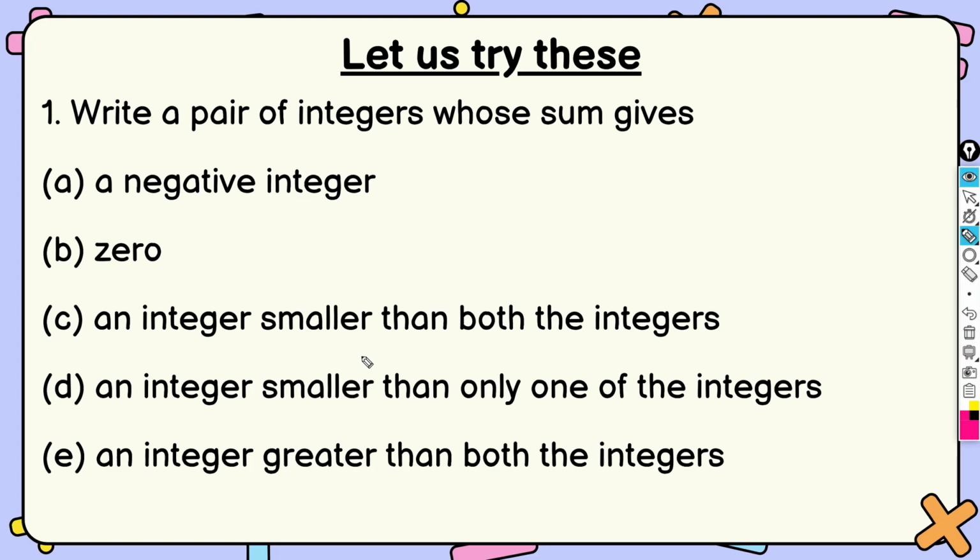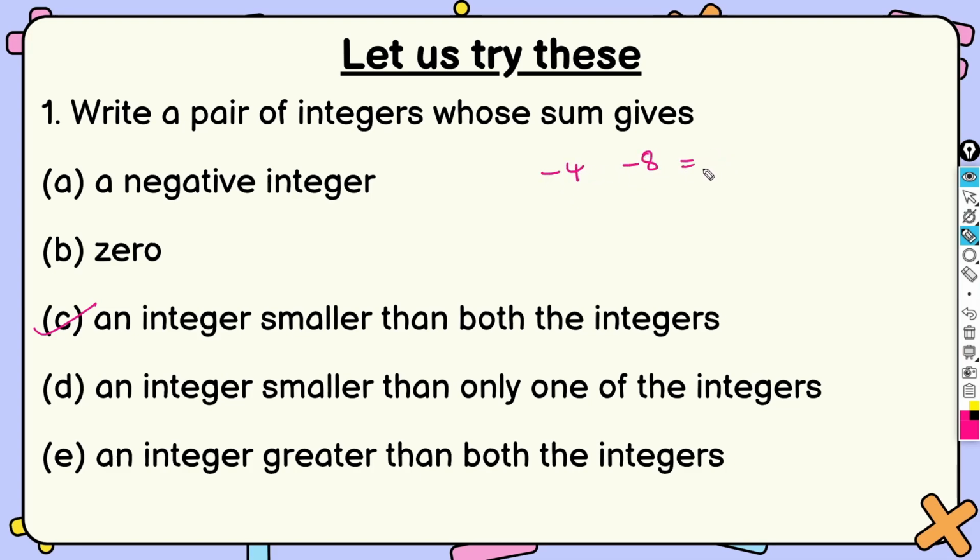Now write a pair of integers whose sum gives an integer smaller than both the integers. You should write a pair of integers such that when you add, the sum is also an integer smaller than both the integers. In this case, you can write two negative numbers, for example minus 4 and minus 8.